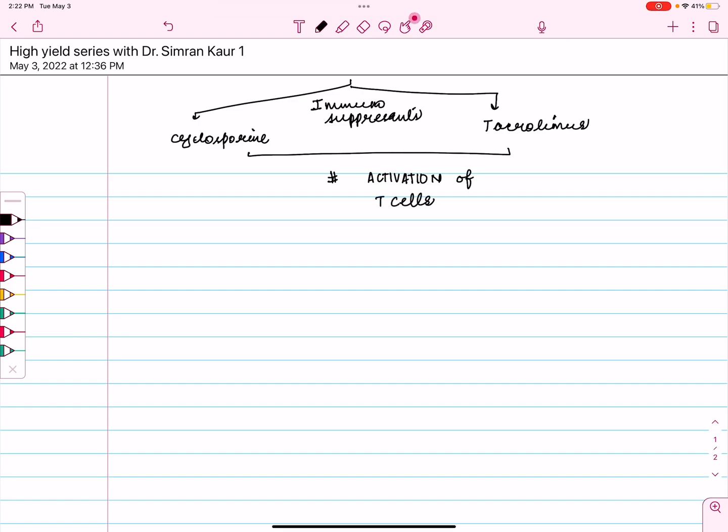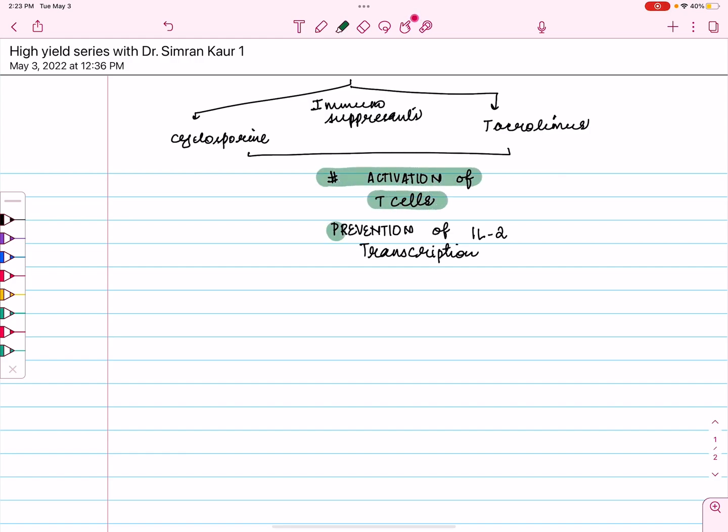And one more common thing is how they inhibit the activation of T cells: by the prevention of interleukin 2 transcription. So keep in your mind that these both points are the similarities, common for both cyclosporine and tacrolimus.